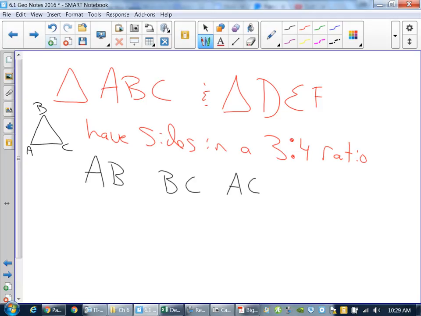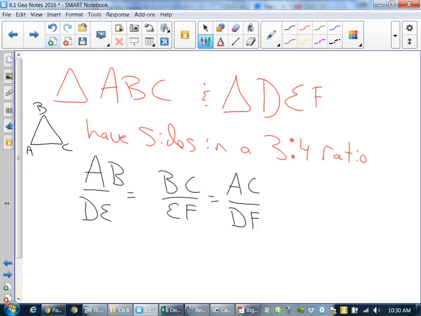Since that one came first, I put that in the numerator. What do you think is going to go in the denominator then? DE, EF, and that's how that would work.